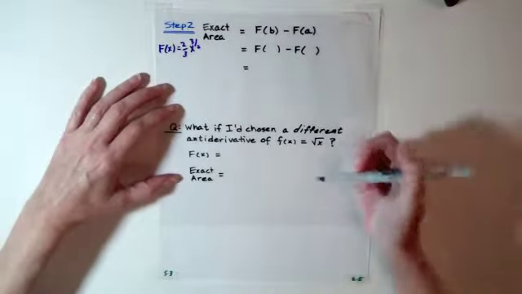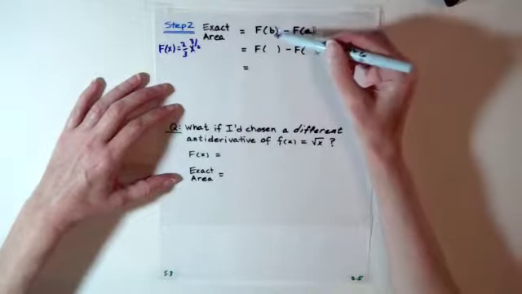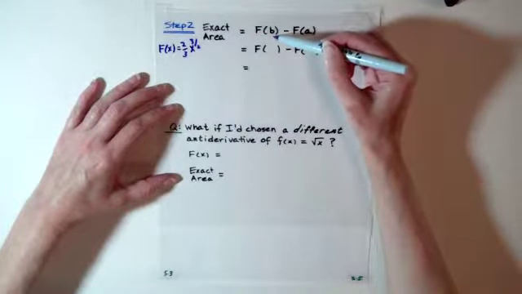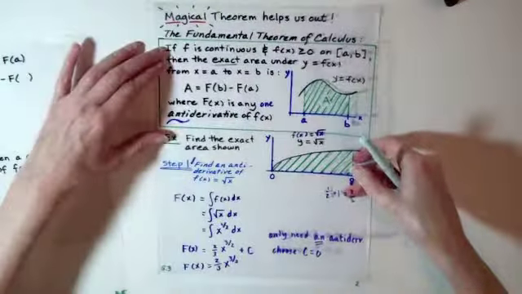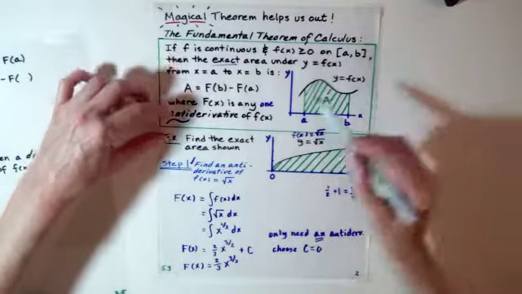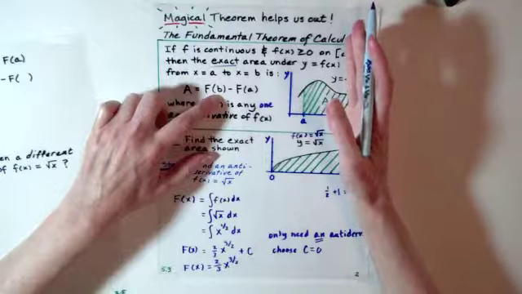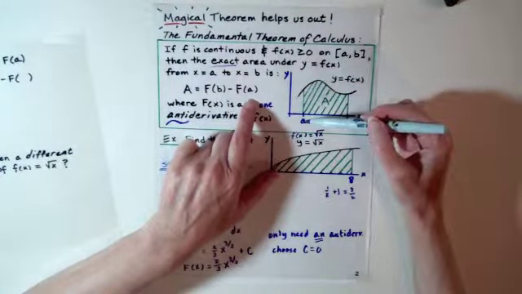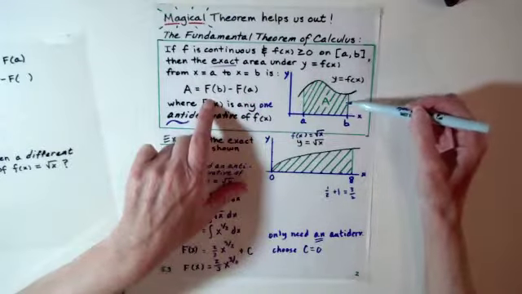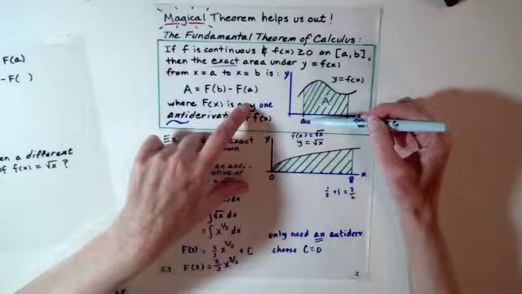What the fundamental theorem says then is that for the exact area, all I do is take my antiderivative, evaluate it at b, and subtract the value at a. Now let's remember what those b's and a's were. In the fundamental theorem, b was the right-hand endpoint where I wanted my area under my curve to stop, and a was the left-hand endpoint where I wanted my area to begin. So we do F of the right-hand endpoint minus F evaluated at the left-hand endpoint.